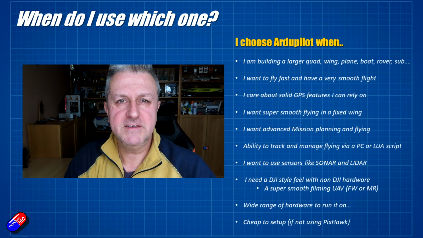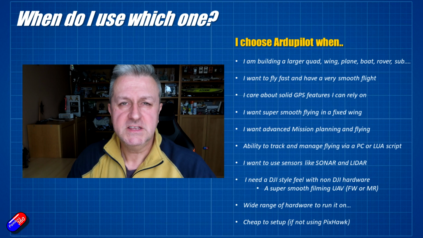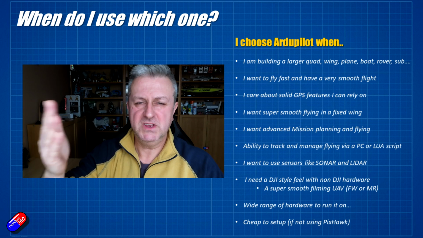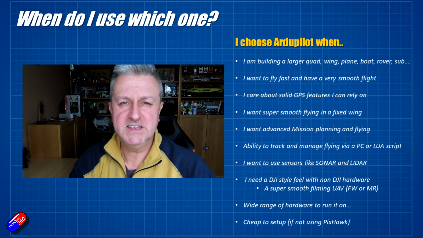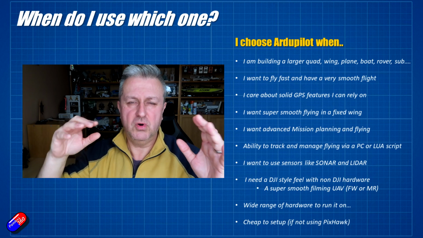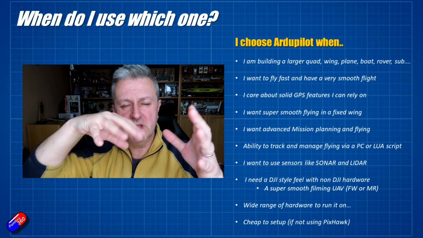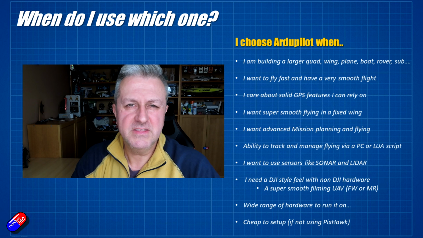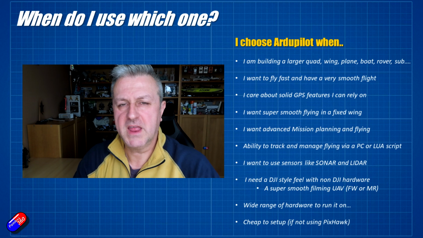It's also very handy for advanced missions. So if you want to fly over a particular area and you want to be able to have missions that you can be quite sophisticated with, set up a grid and put a camera in it and control that camera. So you can do things like surveying and photogrammetry, used a lot in things like farming, commercial applications, then Ardupilot is the go-to.